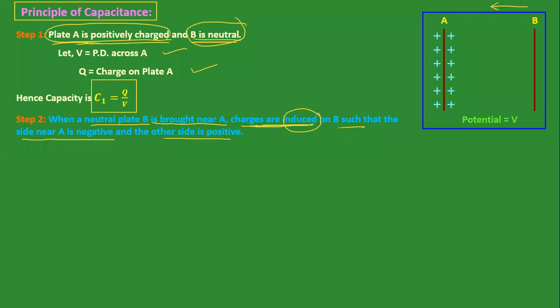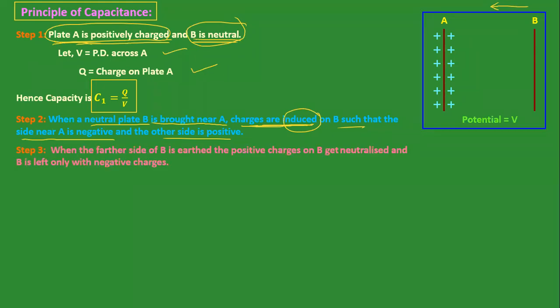Means on this side negative charge and on this side positive charges are induced. Let me show these induced charges in a diagram. Before that, one more point we consider.